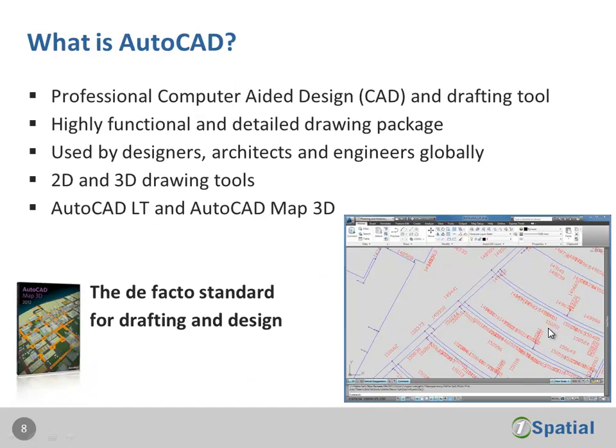For those of you who have been using Autodesk for a little while, you probably don't need any introduction to the product. But one thing to note is that those of you out there using AutoCAD are perhaps using one of two main tools: AutoCAD LT, or AutoCAD Lite as it used to be known, and also AutoCAD Map 3D.